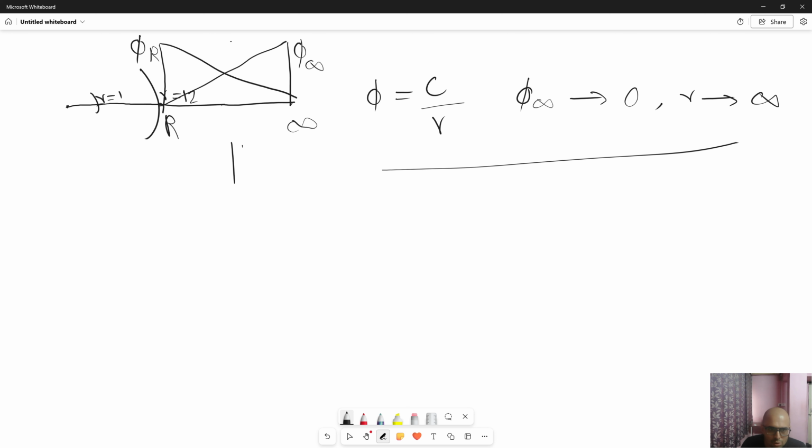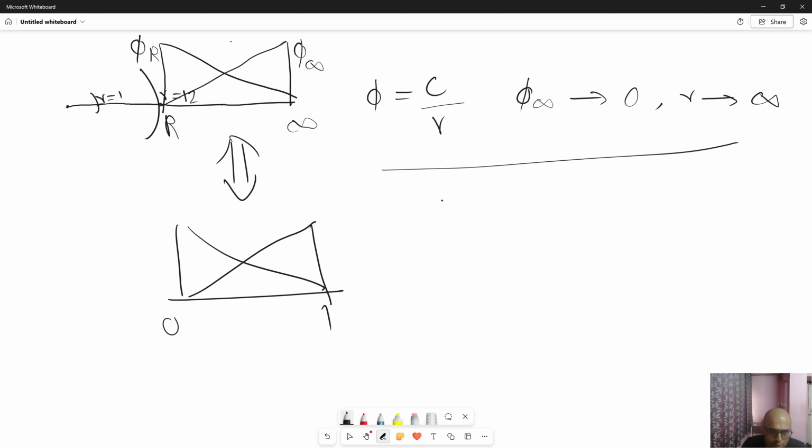So let's map this to a master element first. Our master element will run from 0 to 1, and we have these two test functions. Psi1 is equal to 1 minus psi, which is this decreasing function, and psi2 is equal to psi. So this is your increasing function, right?